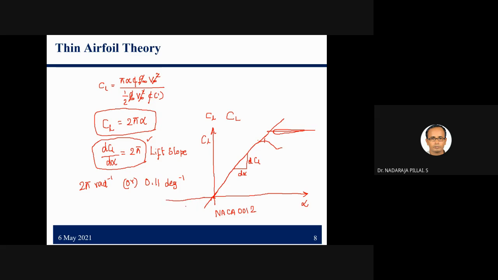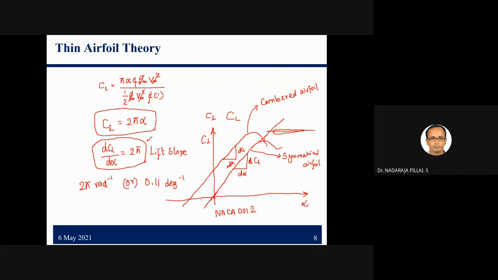Say in the case of unsymmetrical airfoil, you may have the lift curve slope like this. So this may be for cambered airfoil, and this may be for symmetrical airfoil. So you see, till the stalling, you have the dCl by d alpha, which is similar.